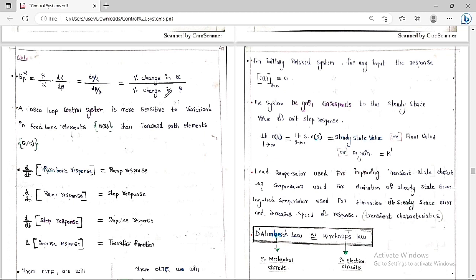If you rewrite this, we get beta by alpha into d alpha by d beta. It is also called the percentage change in alpha by the percentage change in beta. This point you always have to keep in your mind.